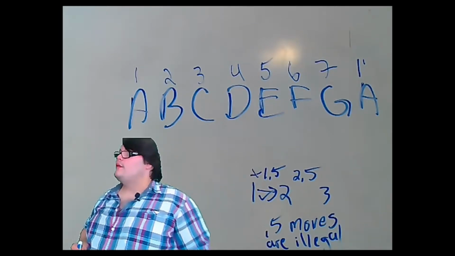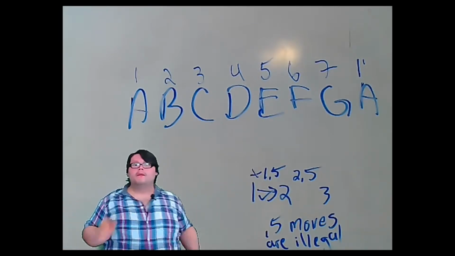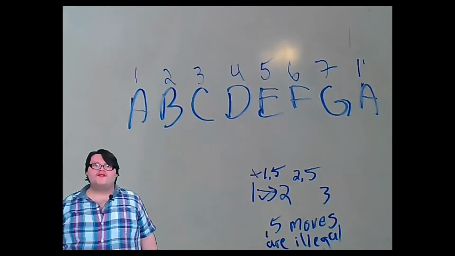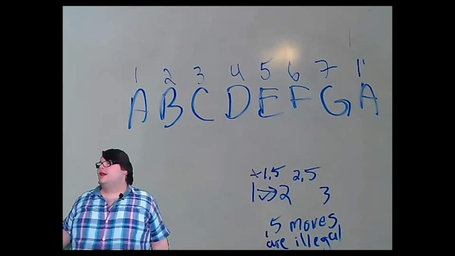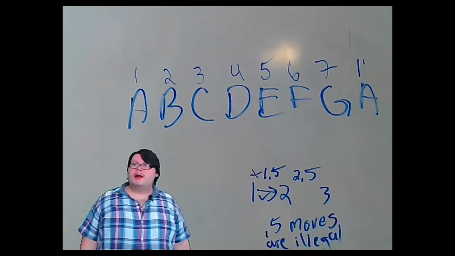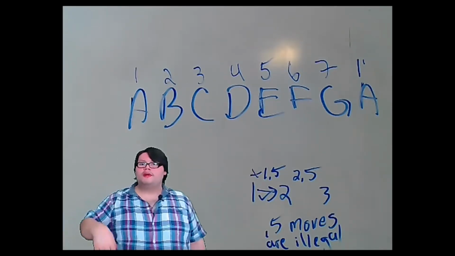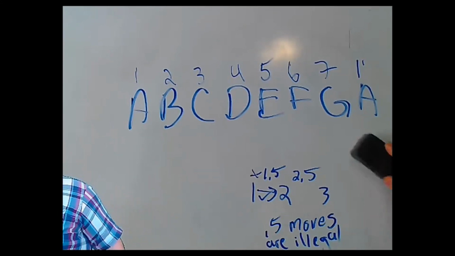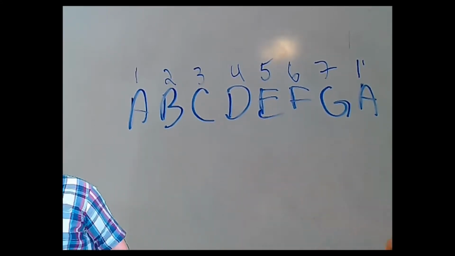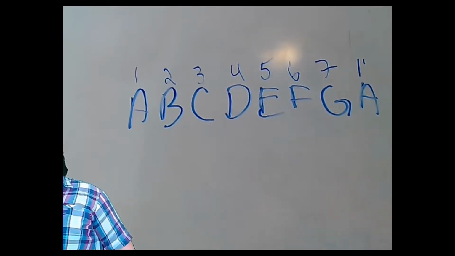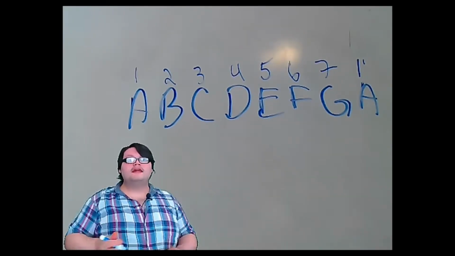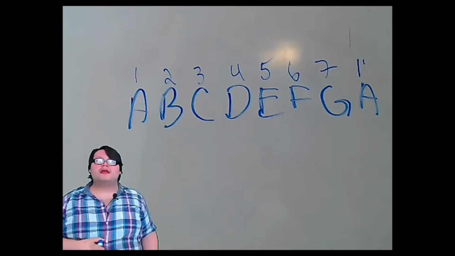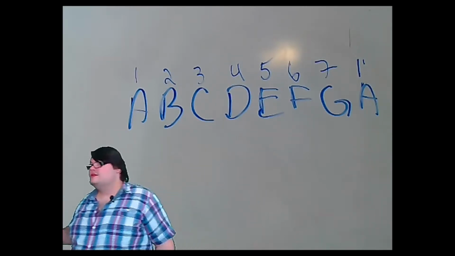It can't go from 1 to 1.5, but 1 can go into 2. 1 could go into 2.5 if it wanted to, and it could go into 3. But 1 cannot go into 1.5. That is the main rule in this game. So that's the first rule. The second rule is the frog can only use information from the major relative.